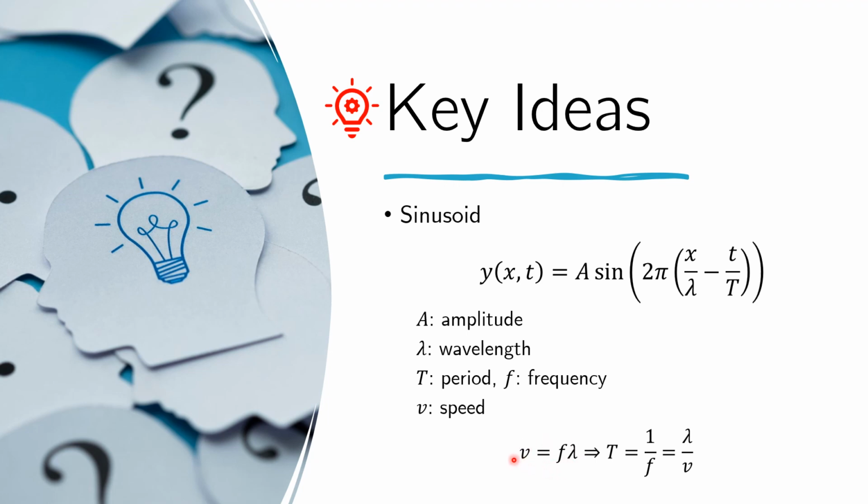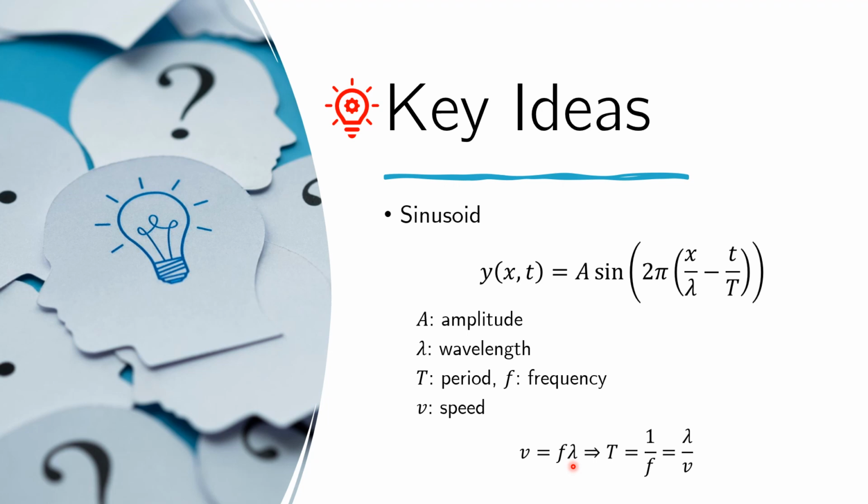And so if we know the speed and we know either the frequency or the wavelength, we can compute the other quantity. And because the frequency and the period are related in this manner, we can actually also put a period relationship between the speed and the wavelength.